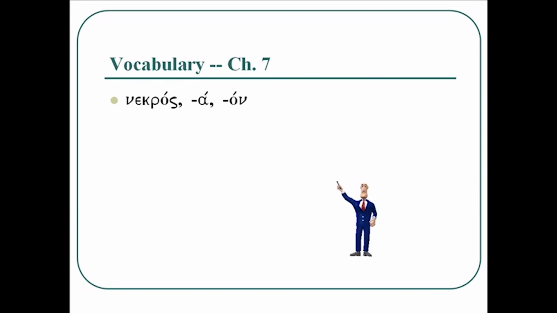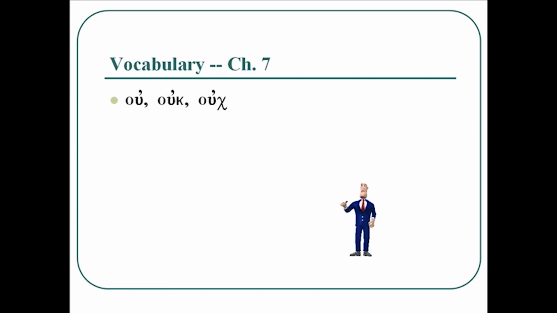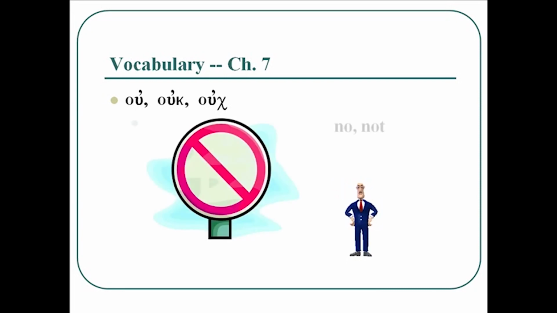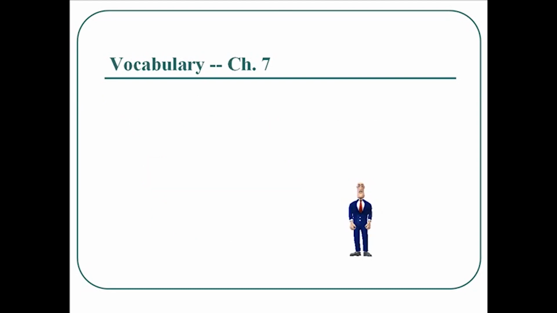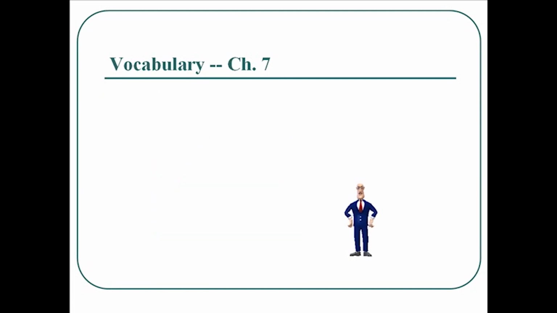The seventh word is nekros, a, on, means dead. Word number 8 is ou, ouk, ouch, and it means no or not. The ninth word is protos, e, on, and it means first.